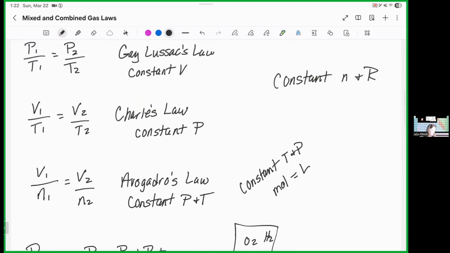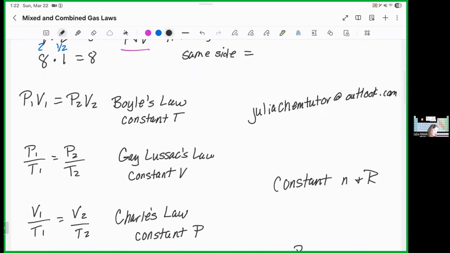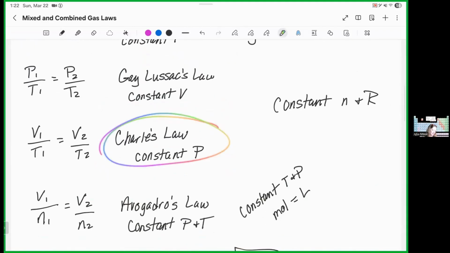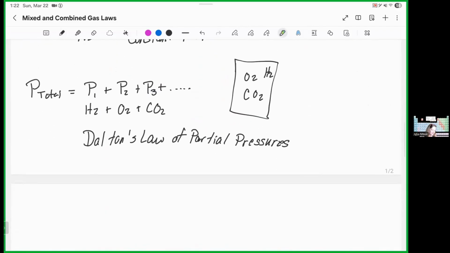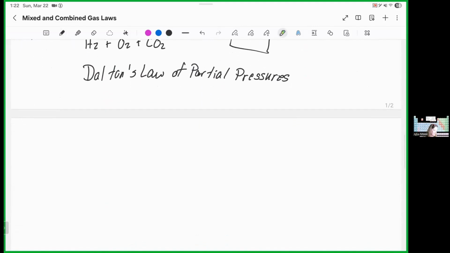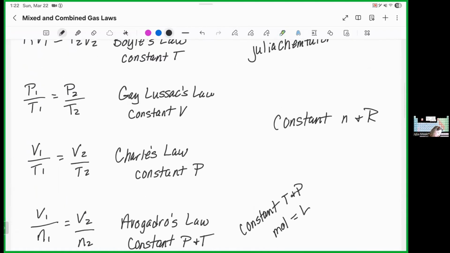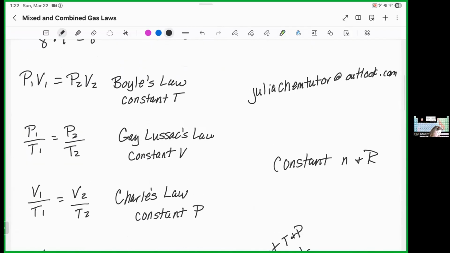So those are my individual laws. I have Boyle's law, constant temperature; Gay-Lussac's law, constant volume; Charles' law, constant pressure; and Avogadro's law, constant pressure and temperature. And then Dalton's law of partial pressures, which is add all your partials together and get your total. Then there is the combined gas law, where we are combining these three gas laws right here.